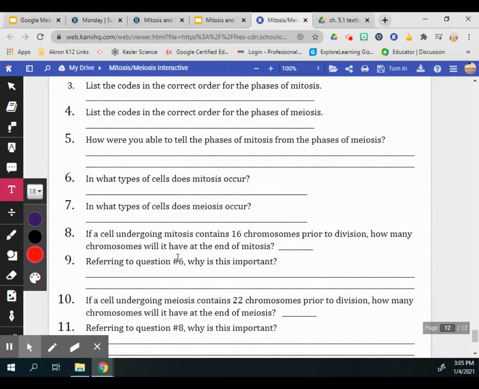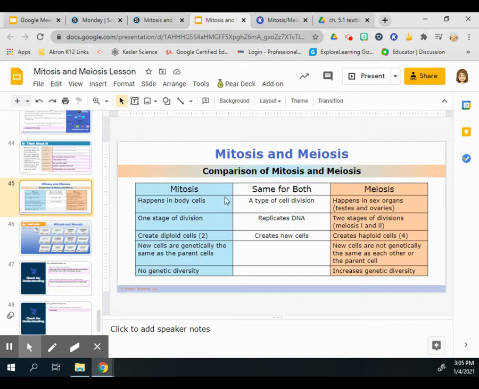And then referring to question 6, why would that be important? Well, you have to remember what is happening for mitosis. Why do cells need to go through mitosis? Well, in our bodies, we need mitosis for growth and repair. So why would you want all your skin cells to make more copies of skin cells? Why do they need to have the same number of chromosomes?